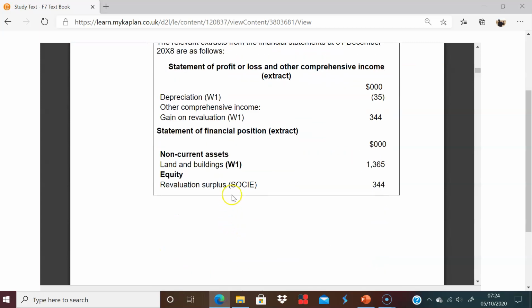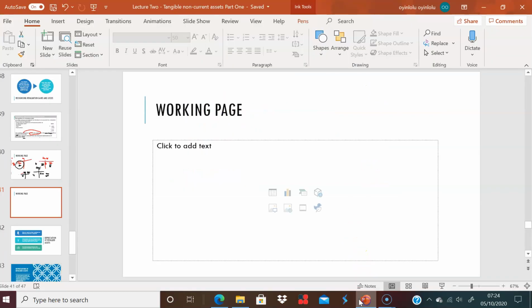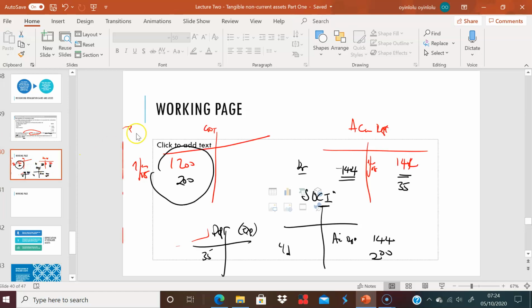So this is how they lay it out, this is really how you would see it as a disclosure. So there you are, the depreciation, gain on revaluation, land and buildings, which is me netting off the 1,400 and the 35, right? Because the accumulated depreciation is 35.